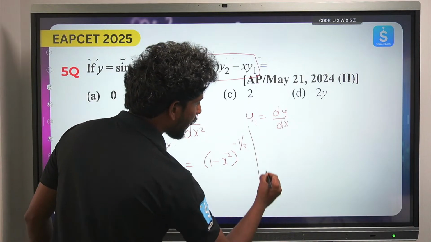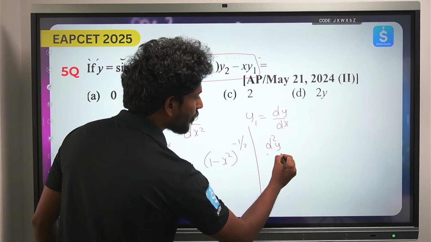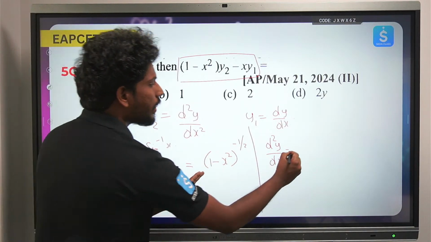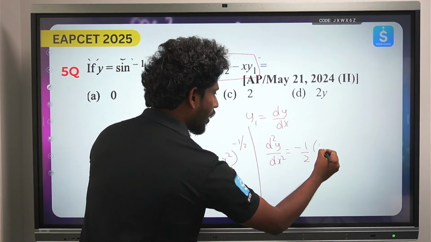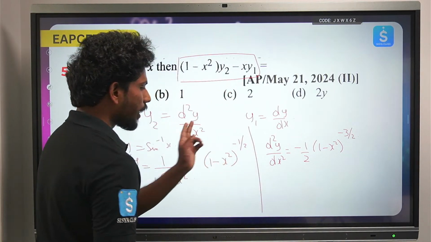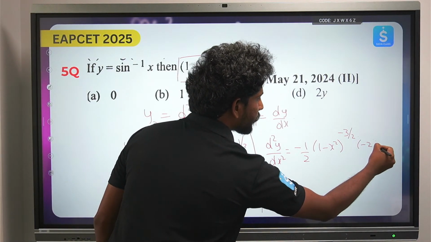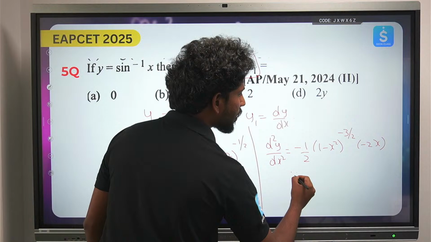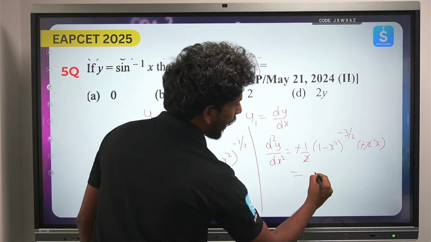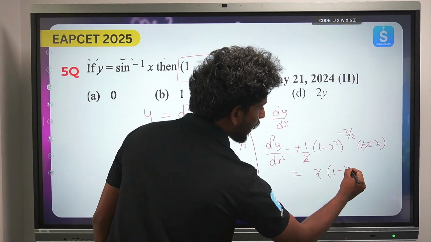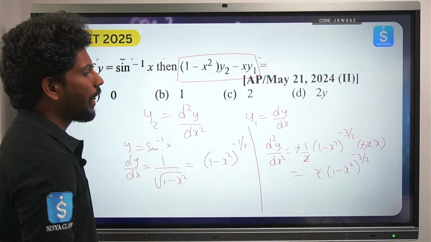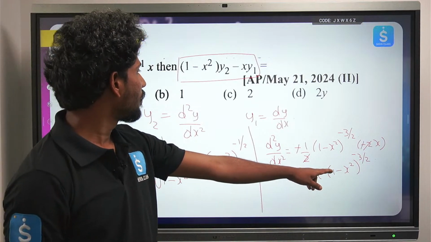So d square y by dx square is equal to, this will become n into x to the power n minus 1, so that will be minus 3 by 2 into minus 2x, right? So minus minus gets cancelled, and this will become x times 1 minus x square whole power minus 3 by 2.